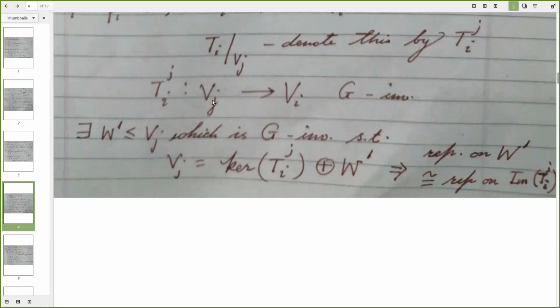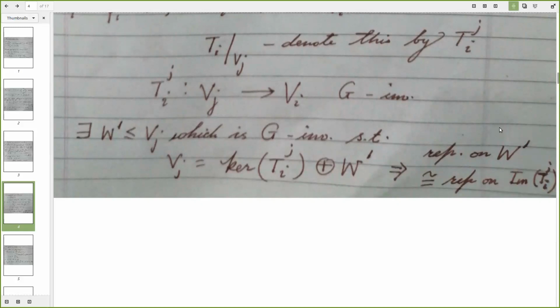This is all what we have seen, that Vj is isomorphic to a direct sum of Wj's, and Vi is isomorphic to a direct sum of Wi's. So any sub-representation of W prime is isomorphic to Wj.